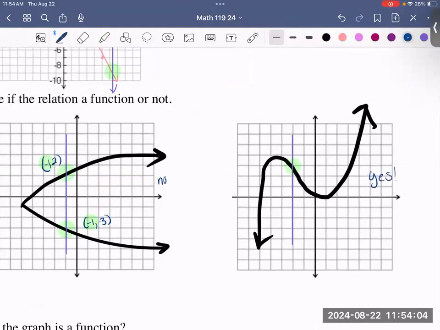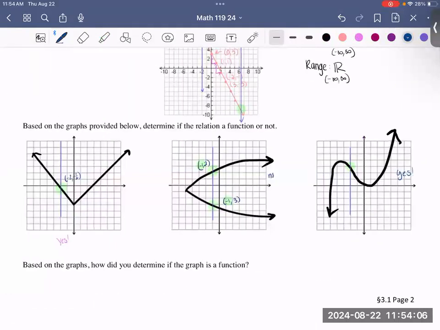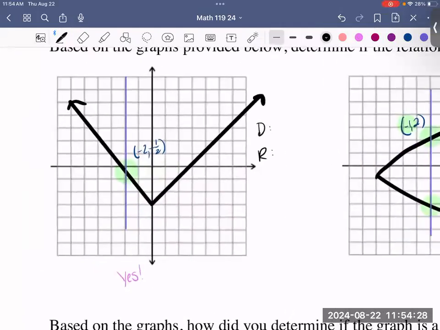And no. Now, before we wrap it up with the vertical line test, can you also determine the domain and range for all of these functions? Well, these arrows all suggest that they're going to be continuous and go off the page. So with your domain, right, your domain is looking at your x values. Now, do you have any sort of x value restriction?